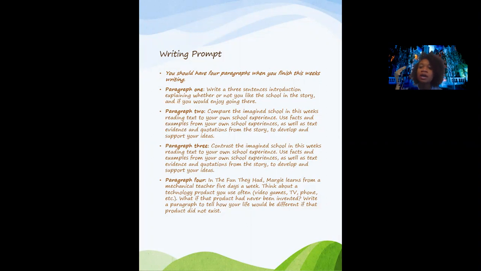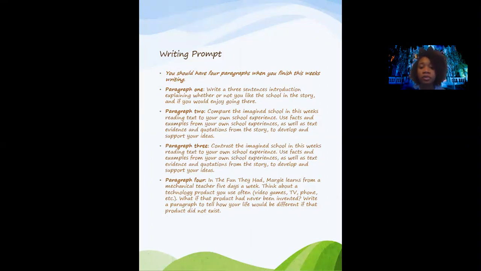So look at the things that were similar between Margie's schooling and your schooling. I should have an example from Margie's schooling and your schooling. The example from her schooling is going to have quotations, because that's what the author stated when you write. So that in itself is going to be probably 3 to 4 sentences.